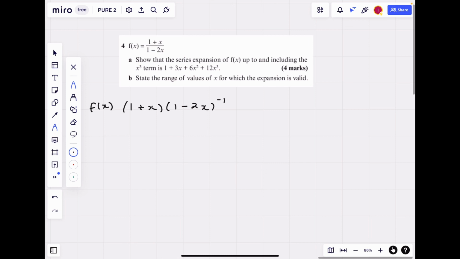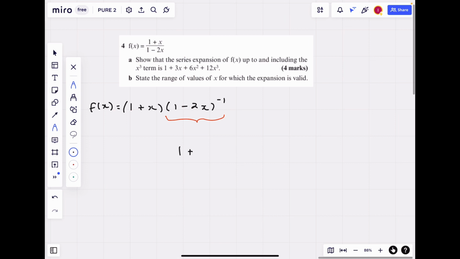That is your function. And you are going to apply binomial to the second part of this function until you get to the x cubed term, and then you're going to multiply that by 1 plus x. And then finally, you're going to simplify. So let's break it down. You should have something like this.